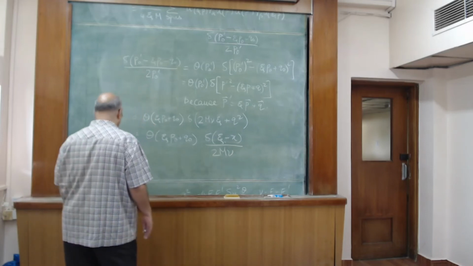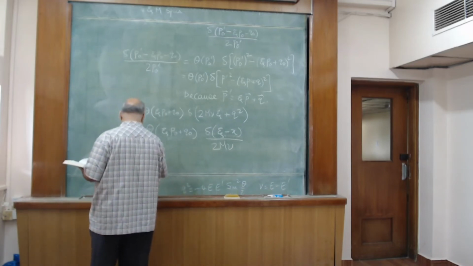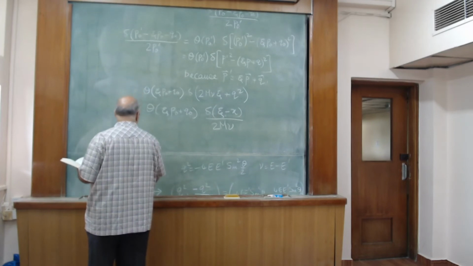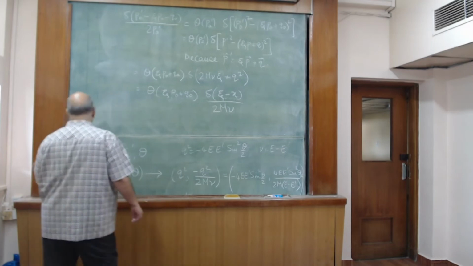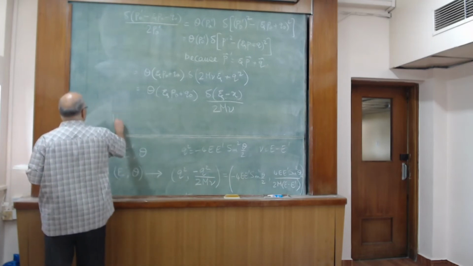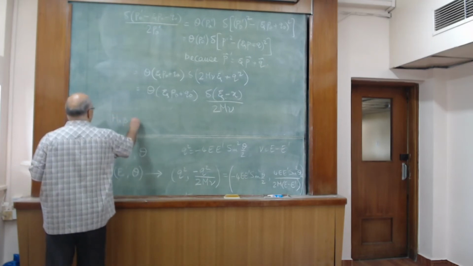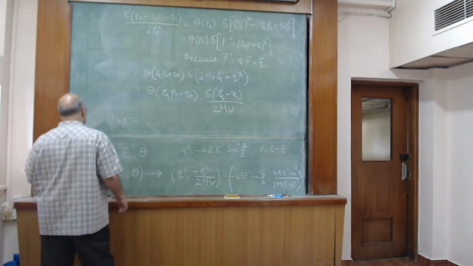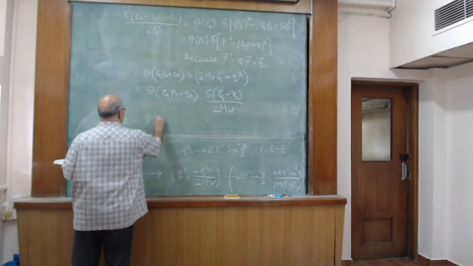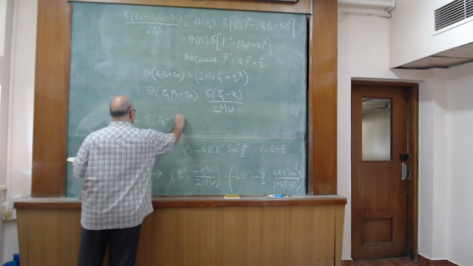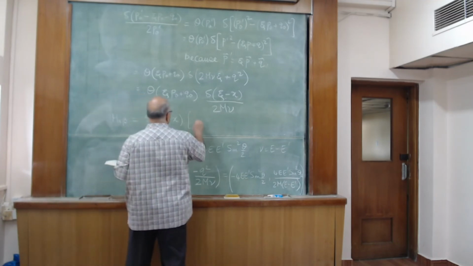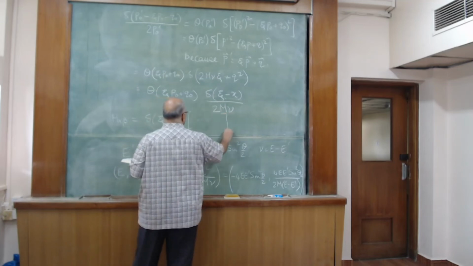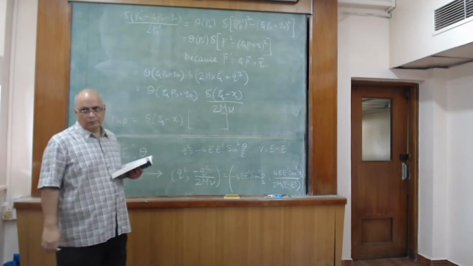So we have this H alpha beta is delta of xi minus x times, and so on.